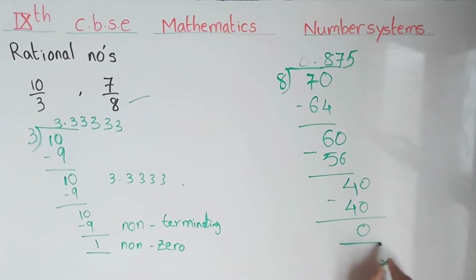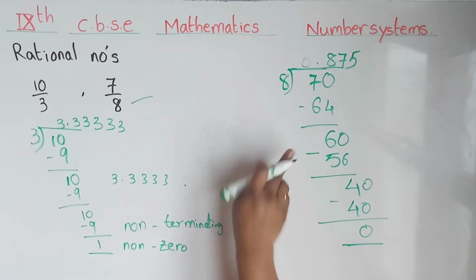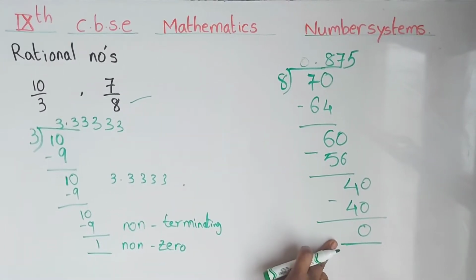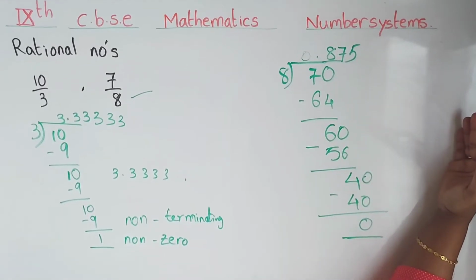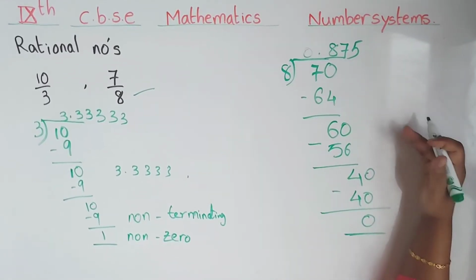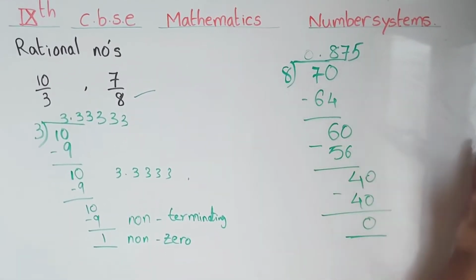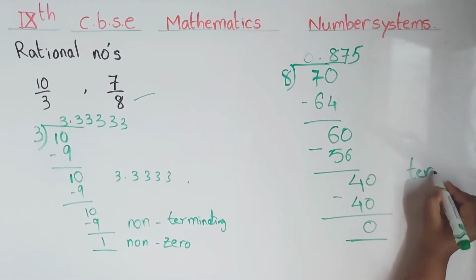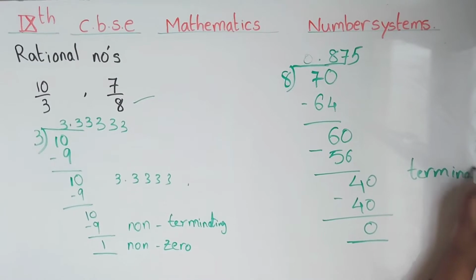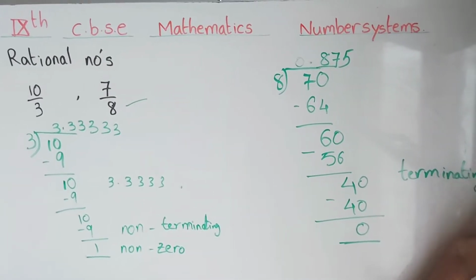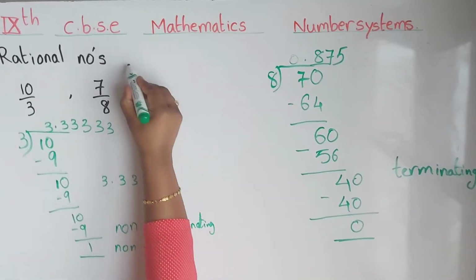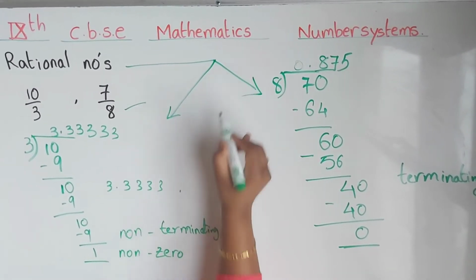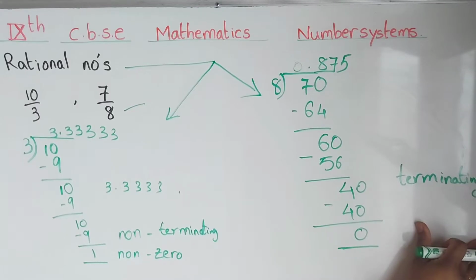So, what is the remainder now? 0. See, the remainders were 6, 4, and after that I got 0. So it is terminating. That means it is finishing at one level. After 3 steps, it is finishing, right? So it is terminating. So rational numbers are also of 2 types, children. One is non-terminating, another one is terminating.